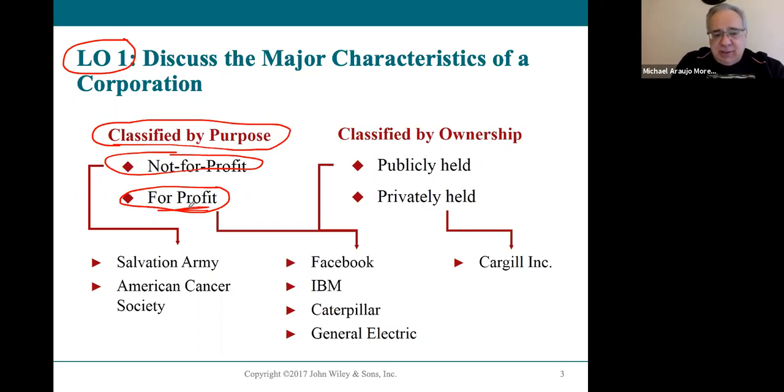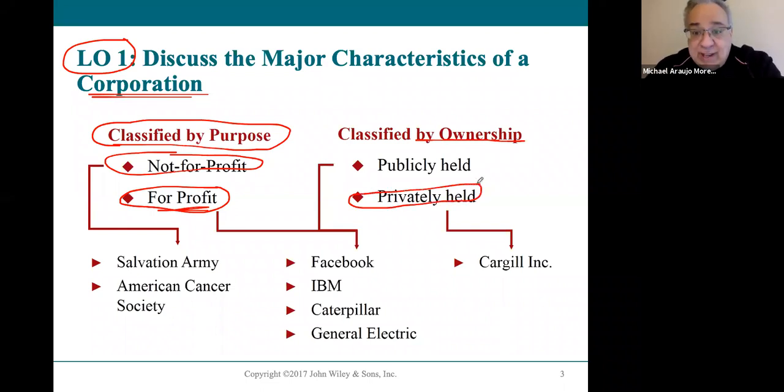One thing that you have to understand is the ownership of a corporation is broken into shares of ownership. The question then becomes who can own the shares of ownership. As corporations start, all those shares are considered what we call privately held. And so that means that the shares of ownership in a corporation are held by usually just a few people, normally speaking, and so that it's private information.